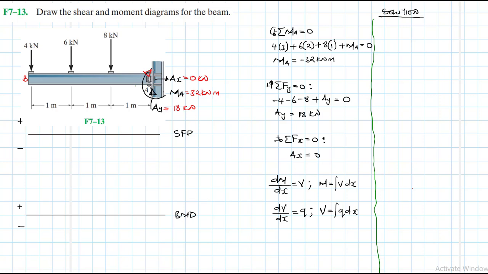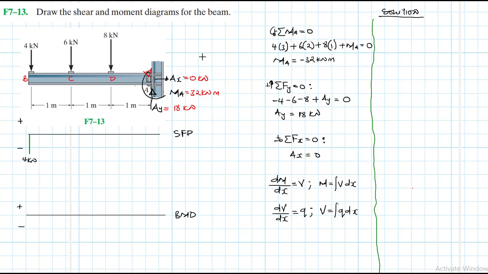So we have shear at B, 4. Let's say 4 is coming up to there to just save space. So let's write this as minus 4 kilonewtons.